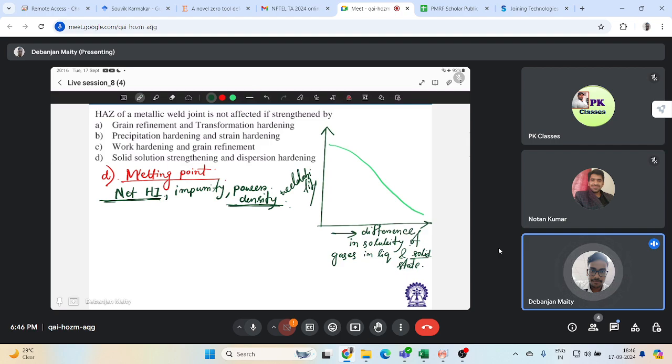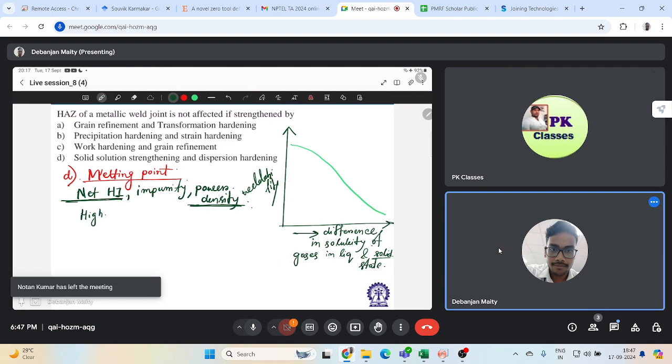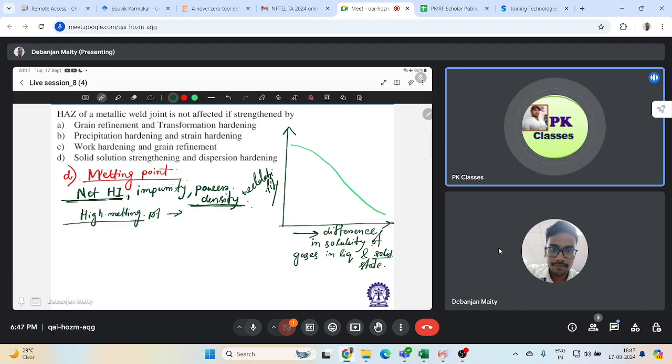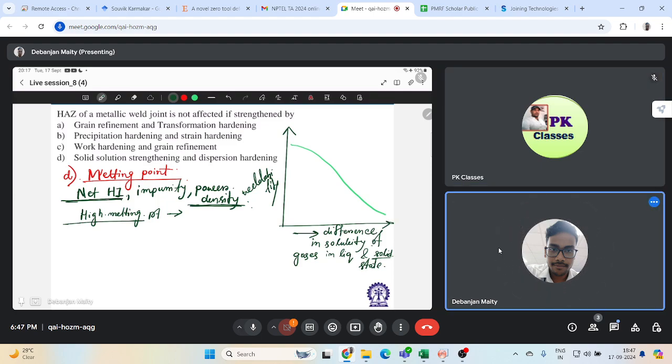Can you name some high melting point metals? Pure iron. Then you can have tungsten, titanium, cobalt. These are more heat resistant metals, and the melting point is very high.